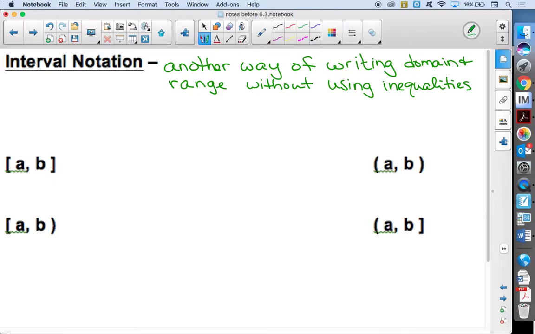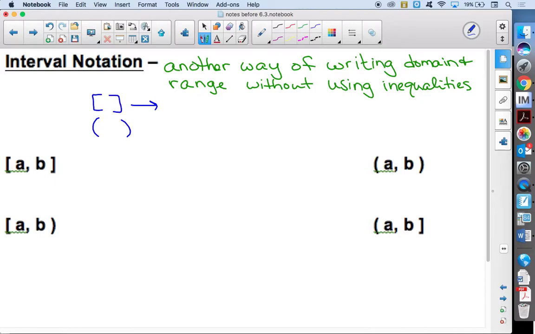But if you look underneath, we have these brackets and parentheses around different numbers. So in interval notation, there are two different things that we're going to think about: if you have brackets versus if you have parentheses. A bracket in interval notation is the same thing as having the equal to bar in an inequality.